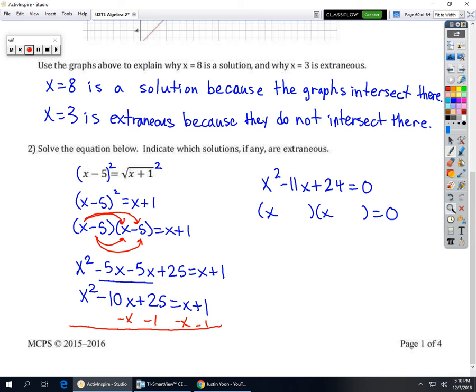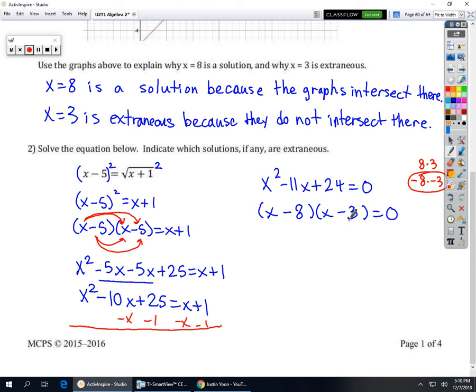So what two numbers could multiply to make 24? You've got 8 times 3, and also negative 8 times negative 3. Which one of these would make negative 11 if I added them? 8 and 3 is positive, so it's this one. So that's minus 8. All right, let's keep the color consistent. Minus 8 and minus 3.